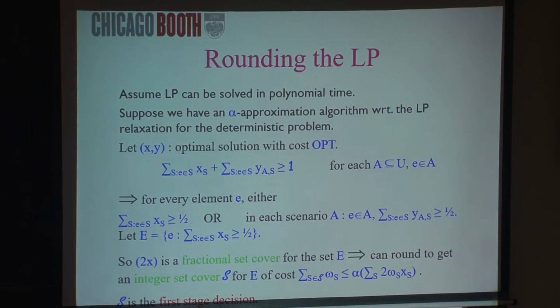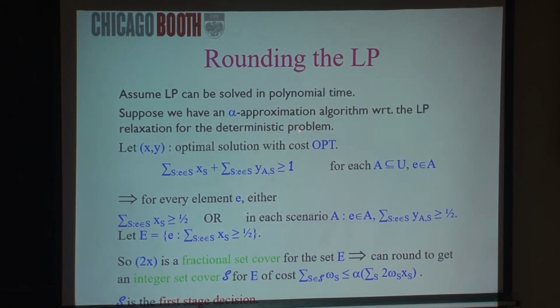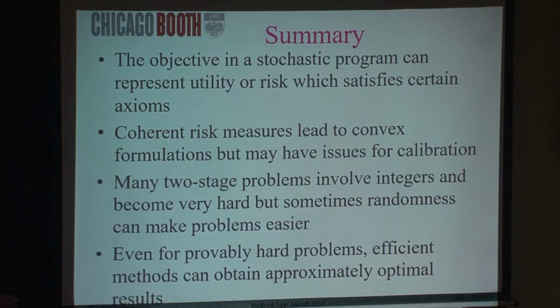So if I can get an alpha approximation of the deterministic problem, then 2 times that is going to give me a solution to the stochastic problem. Okay.